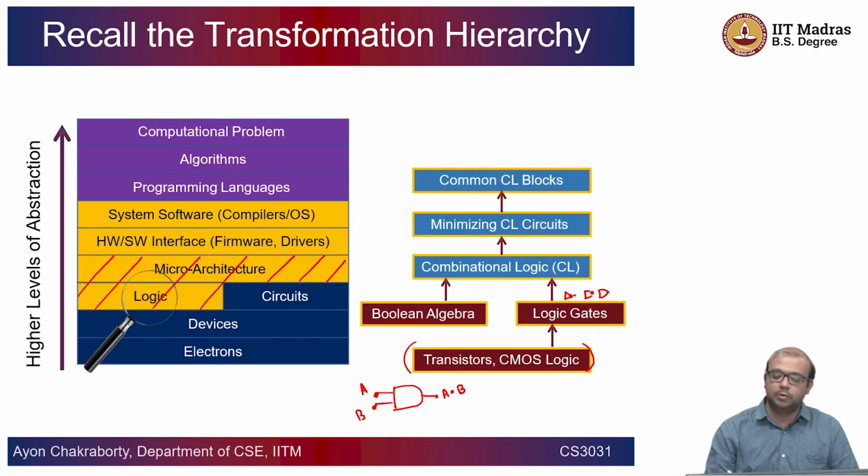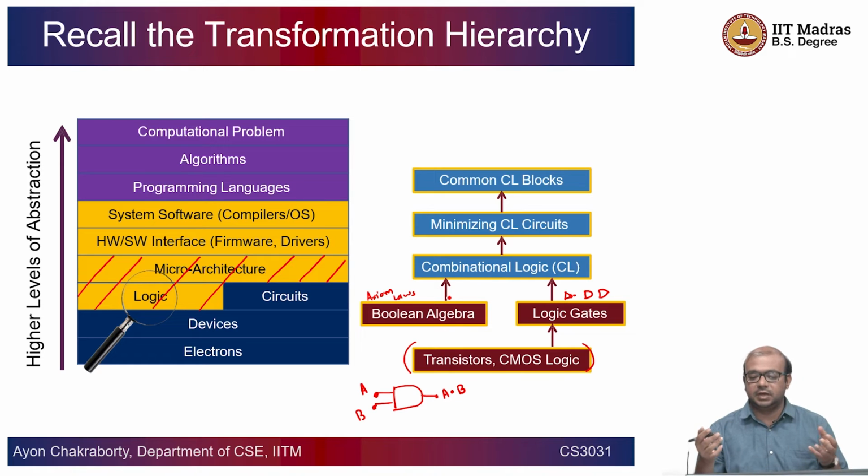And we also looked into things like Boolean algebra, so all the axioms and laws and so on, logic simplification, duality, and so on. We also showed you a picture where the logic gates and the Boolean algebra can be combined together to create these circuits, right?